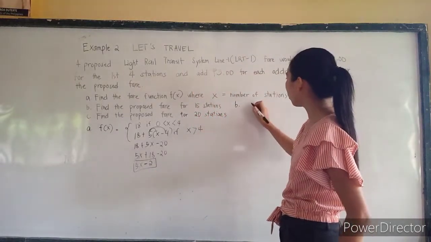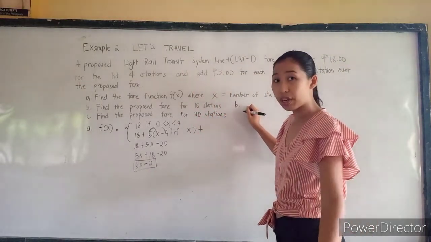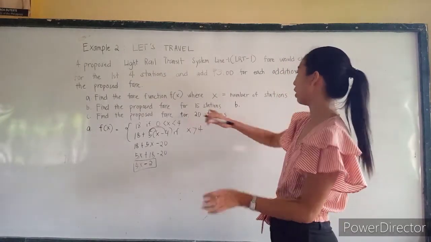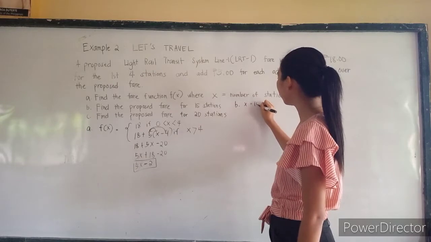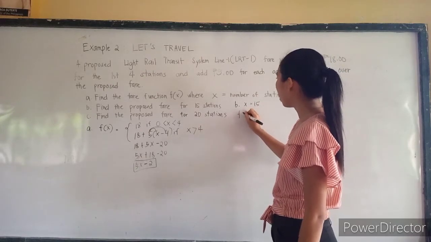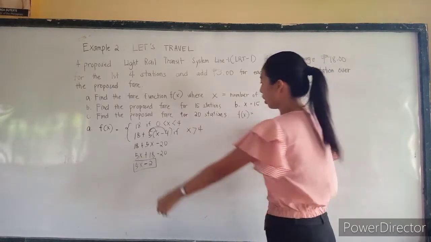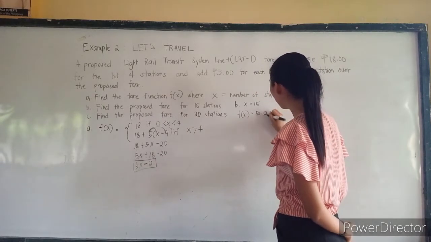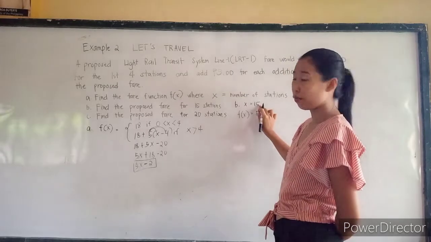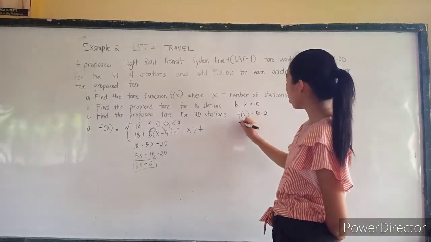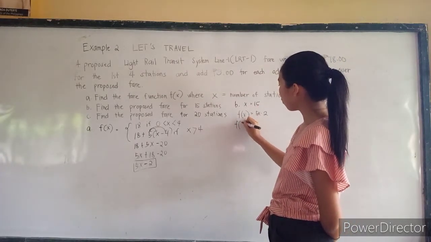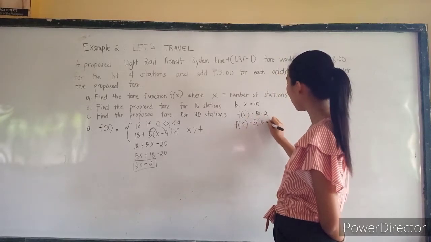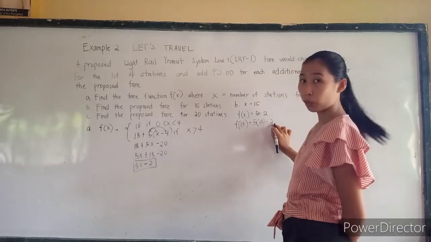So what we're going to do is substitute, or evaluate, our function using 15. So x is equal to 15, therefore f of x is equal to 5x minus 2. We substitute 15 for your x values. So that is going to be f of 15 is equal to 5 times 15 minus 2.